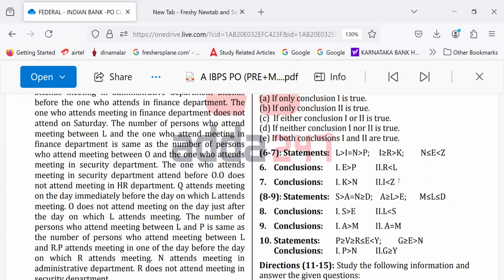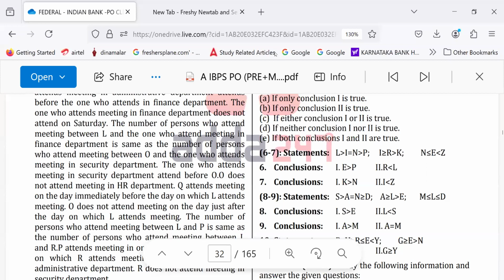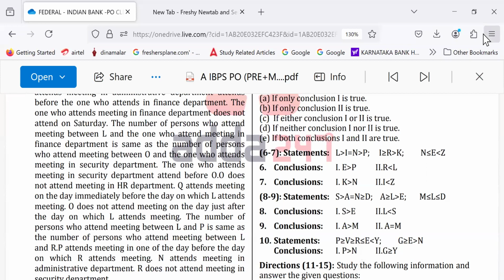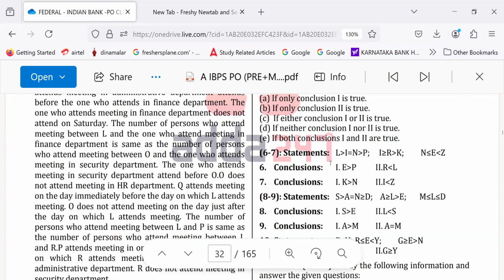N is greater than P. E will always be equal to or greater than N. So N is always greater than P, and then N is less than or equal to E. So E is always greater than P. Understood? Here compare these two. So that is the answer for number 1.